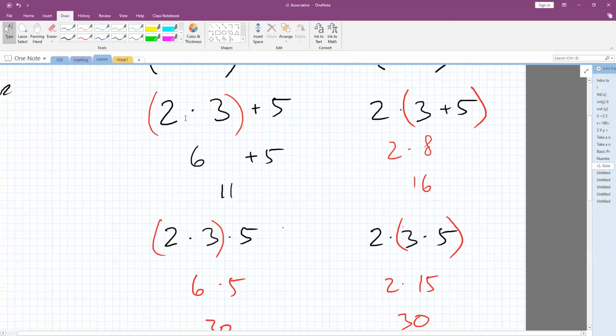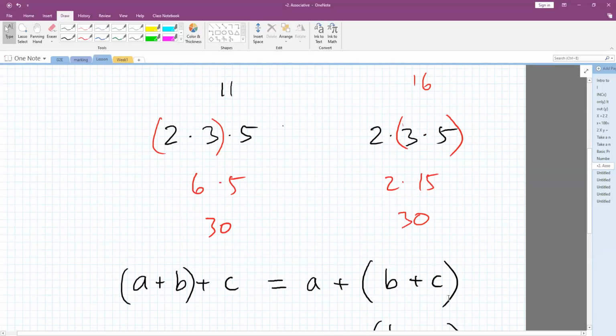See this one again? You have multiplication here, and then you have addition. Now, if you move around the bracket, that gives you a different number, right?